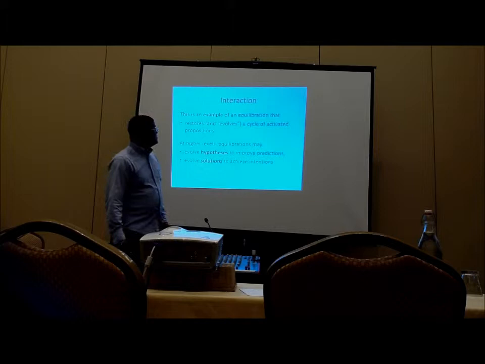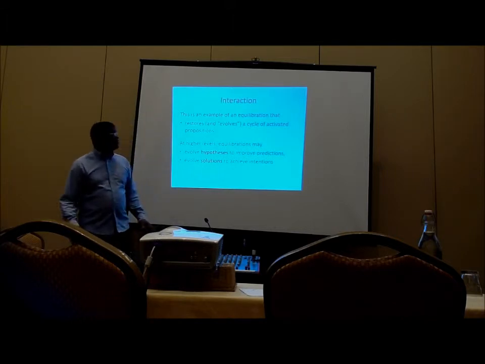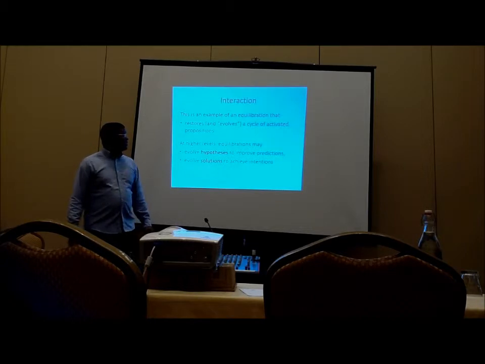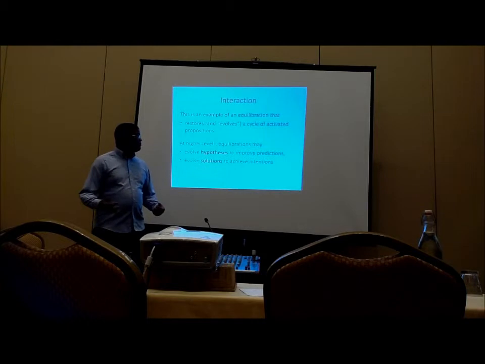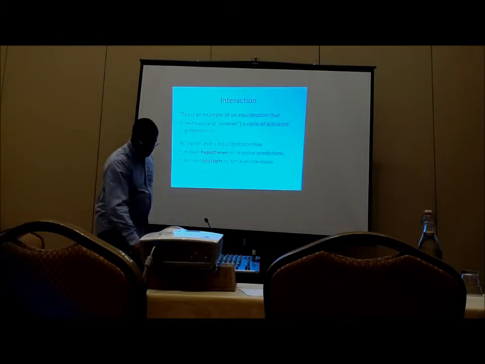So this is an example of equilibration that restores and evolves a cycle of activated propositions. At higher levels, equilibrations may evolve hypotheses to improve predictions or evolve solutions to achieve intentions.